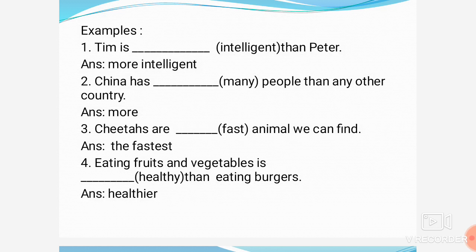We have to drop the Y, and it's a comparison between two things. So we are changing into comparative degree. So we drop the Y and add IER. So the sentence becomes like this: eating fruits and vegetable is healthier than eating burger.